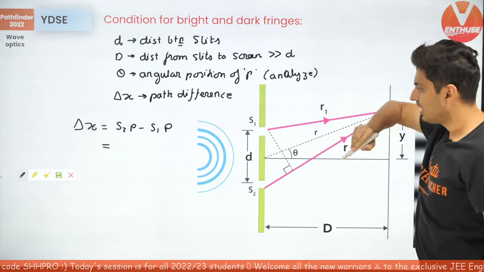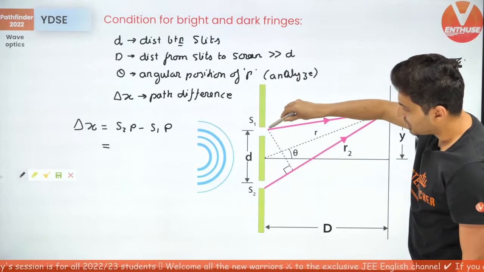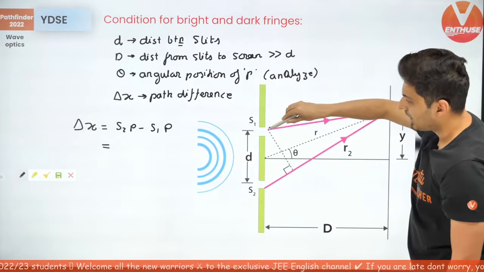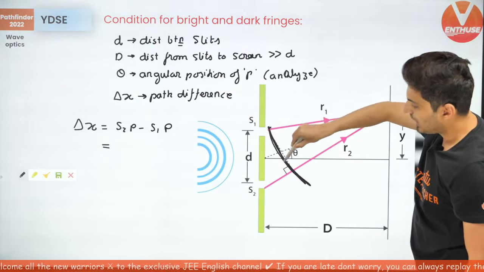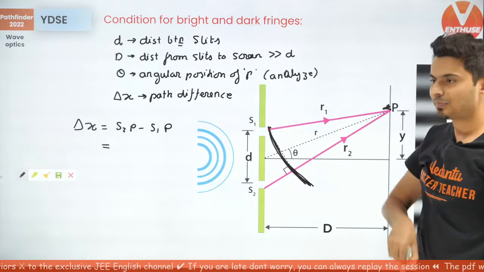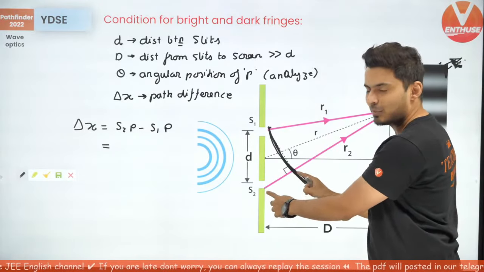Pivot it over here and make sure the radius is exactly P to S1, and then draw an arc. Now you will see that this is the extra distance you have to travel. Do you see that, my warriors?